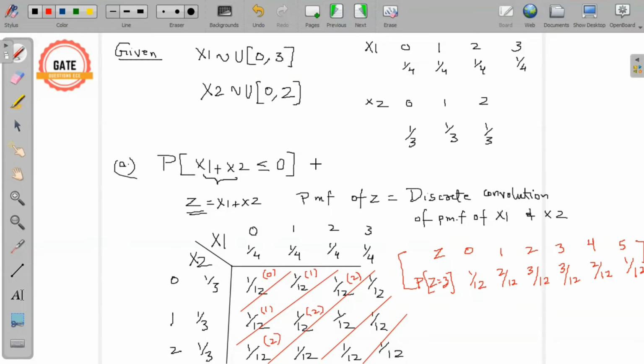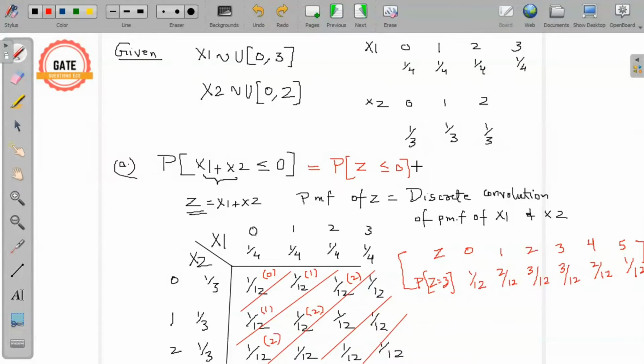So our question is now reduced to probability x1 plus x2, that is z, less than or equal to 0. You can observe here that there is only one non-zero probability for z is equal to 0, which is satisfying this equation, because for all the values of z less than 0, there is no non-zero probability.